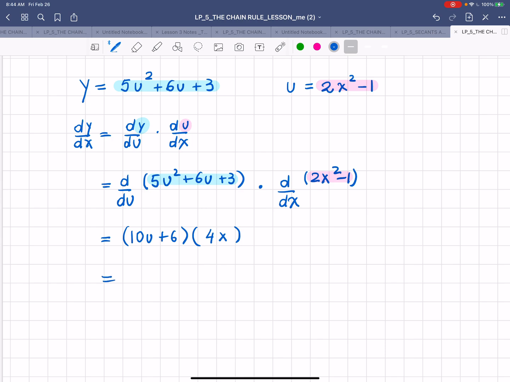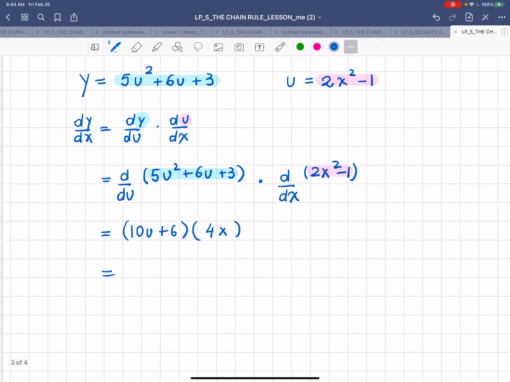And now we bring u in, because we want to differentiate function y in terms of x, so we don't want to see any strange variables there. So we have 10 times (u equals 2x squared minus 1) plus 6, multiplied by 4x.